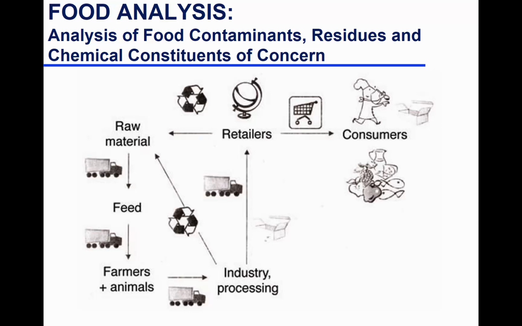We're not dealing with microbes, but we have aflatoxins, pesticides, antibiotics, intentional adulteration, and the chemicals that form during processing, such as furans, acrylamide, heterocyclic amines, nitrosamines. All of these are chemicals that form during processing that have bad health effects.